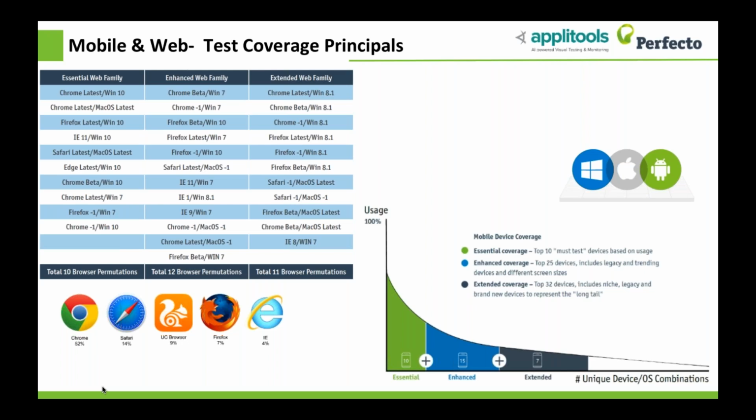For web, we recommend 3 layers of coverage, starting from essential to enhanced and extended. The essential takes the latest Chrome on Windows 10, the latest Chrome on Mac OS, and so forth. So we recommend at least the top 10 browser permutations if you want to have the basic web coverage. For mobile, we have the top 10 smartphones and tablets, which we always recommend as part of the Factor magazine.